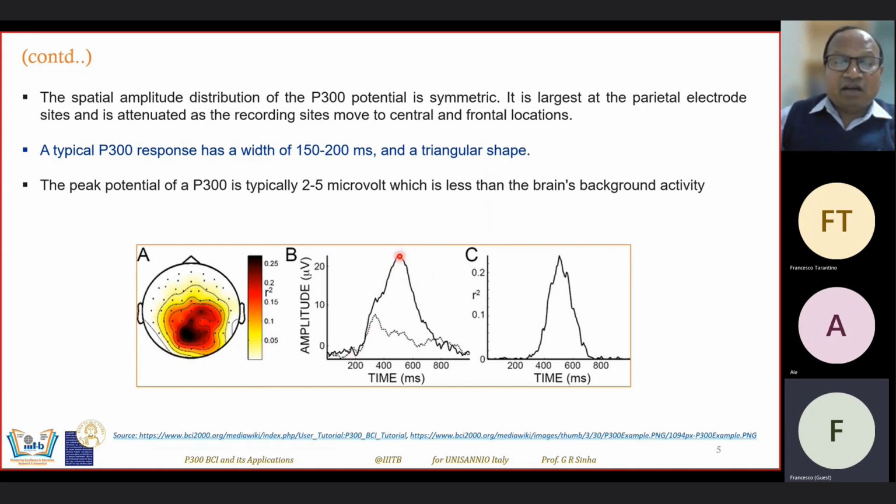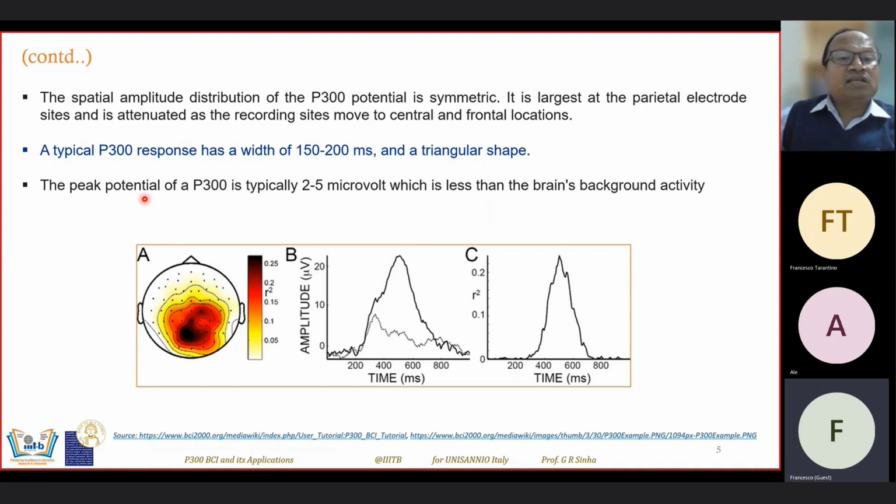Look at here, at a certain value it goes to a peak, this particular peak. It is largest at the parietal electrode sites and is attenuated as the recording sites move to central and frontal locations.